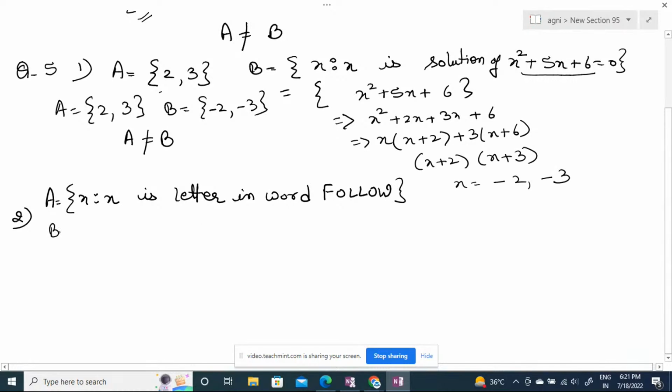B is y such that y is a letter in the word wolf.